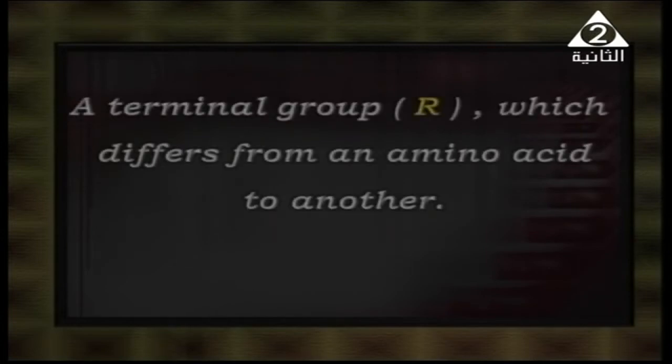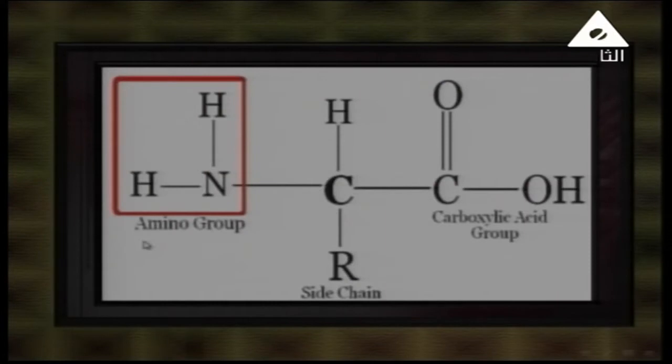Number 3, a terminal group that is symbolized by R, which differs from one amino acid to another, because we have different types of amino acids. And the last component of amino acid is a hydrogen atom.